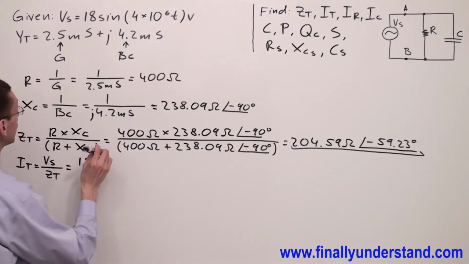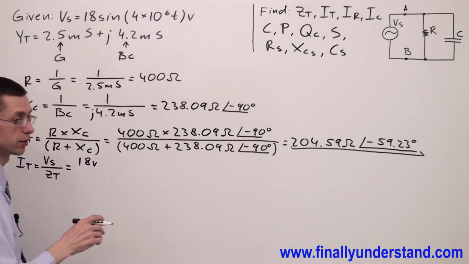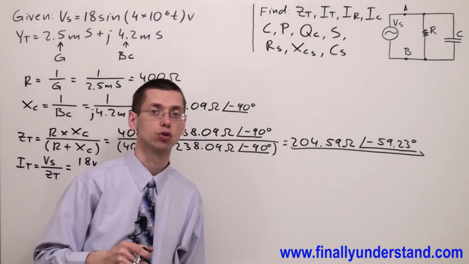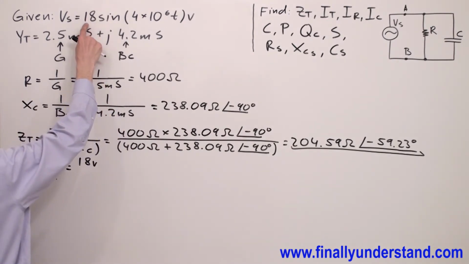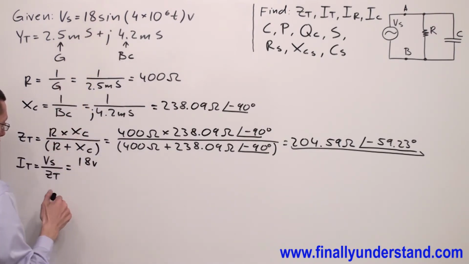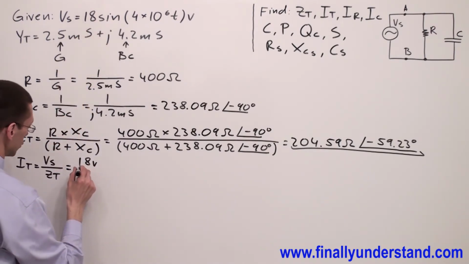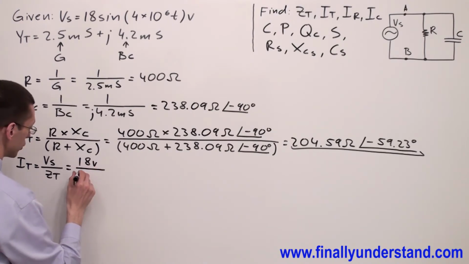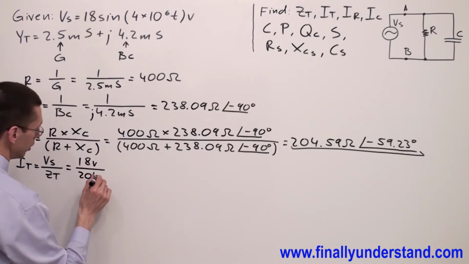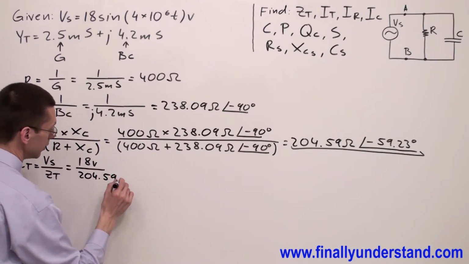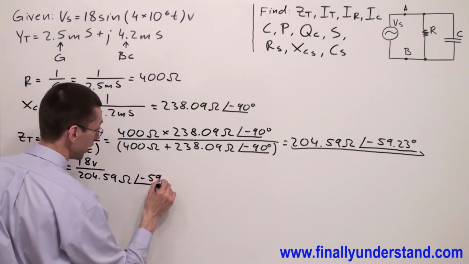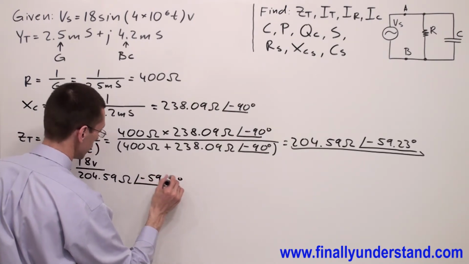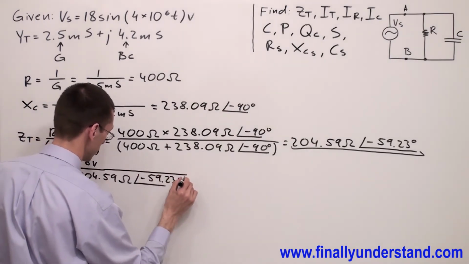Okay, because my voltage is expressed in terms of the sinusoidal equation, this amplitude, I mean, this value represents my voltage peak. So I have Z total equals 204.59 ohms and angle of negative 59.23 degrees.